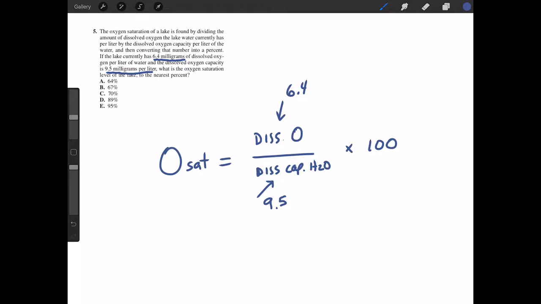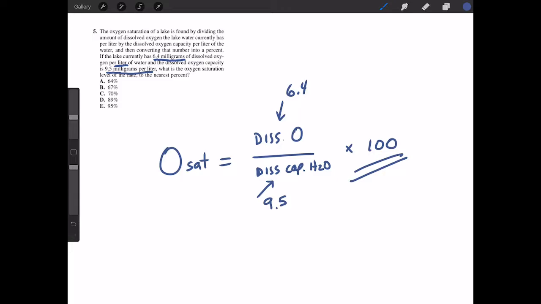It's 6.4 milligrams per liter, and the other one is 9.5 milligrams per liter. So we have matching units, so we can do this without having to convert anything. They want us to know what's the oxygen saturation level of the lake to the nearest percent. In other words, disregarding any decimals once we multiply times 100.